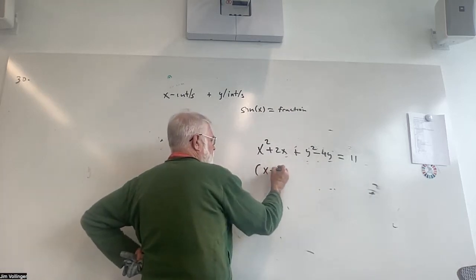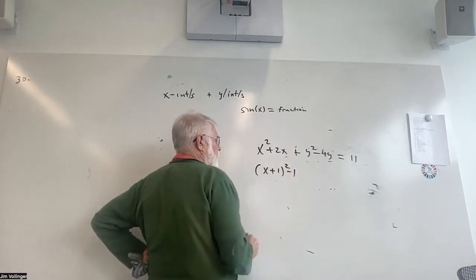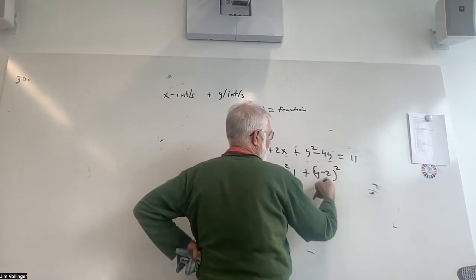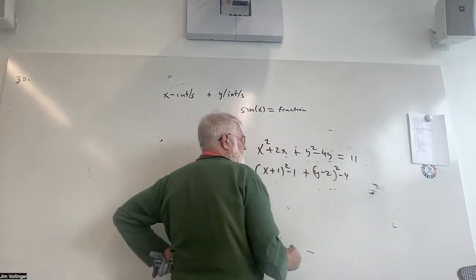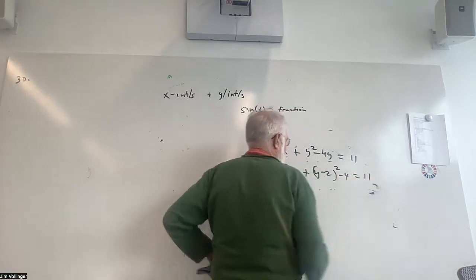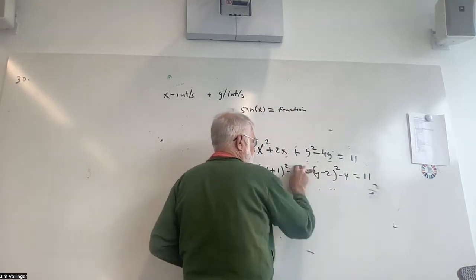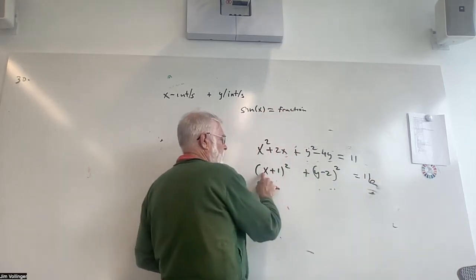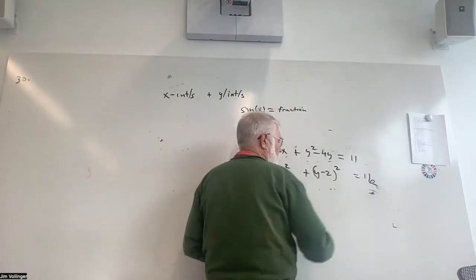Okay, so that's x plus 1, evening off the sides, getting rid of the constant. Y minus 2, evening off the sides, getting rid of the constant after it's squared, equals 11. Bringing the 5 over to the 11 makes 16. Center. Negative 1, 2, radius 4.